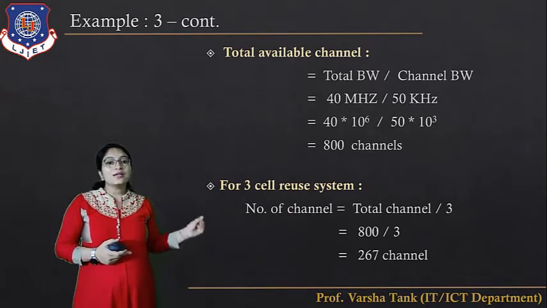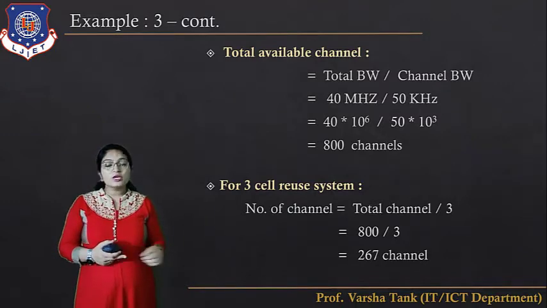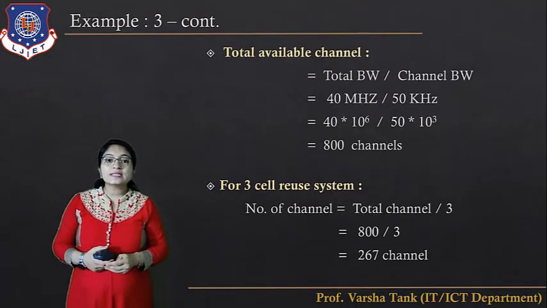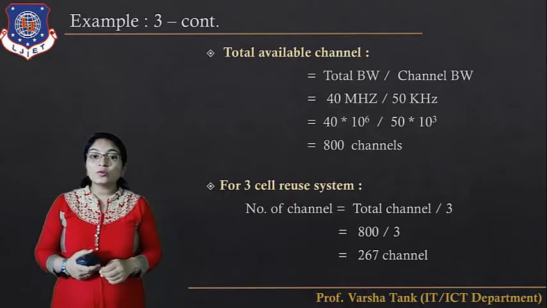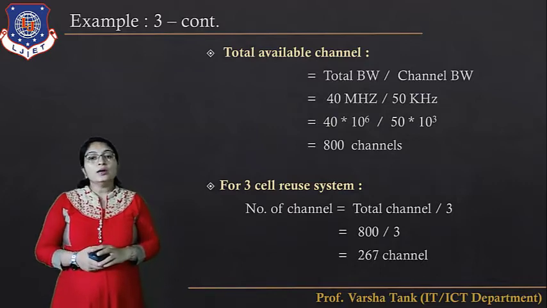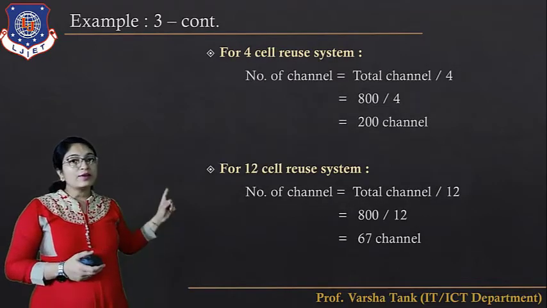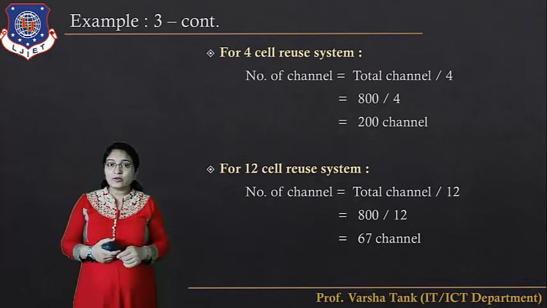So 800 divided by 3, you will get 266, so 267 channels. This channel count will be used later in this example to find the control and voice channels. In the same way, find the channels for the 4 cell and 12 cell systems.